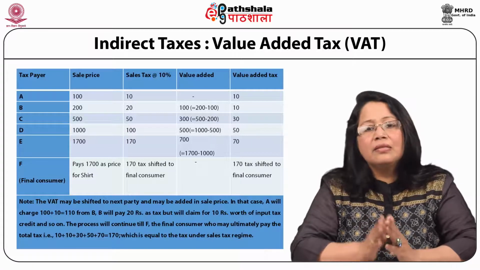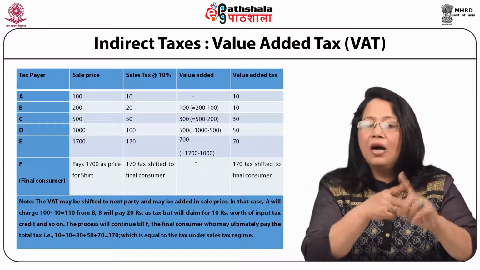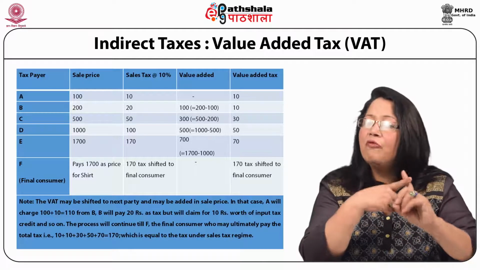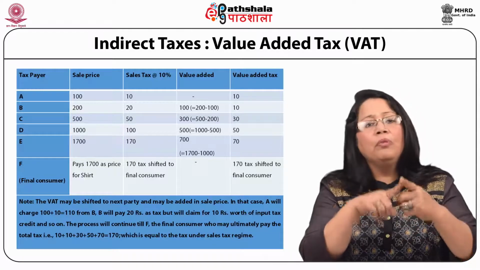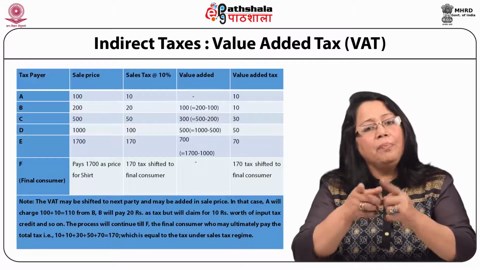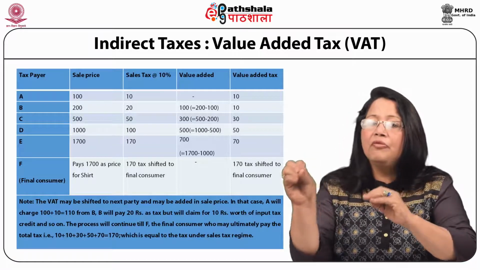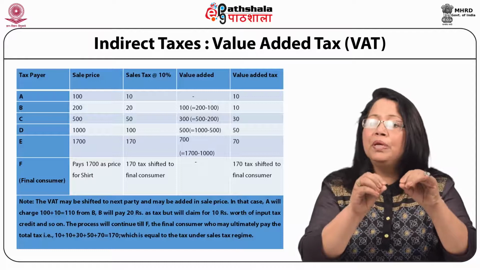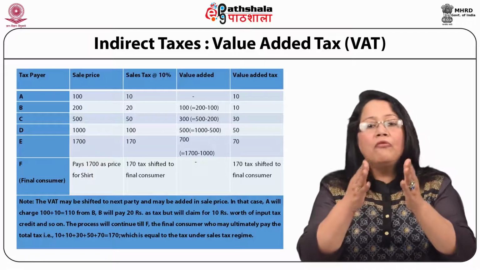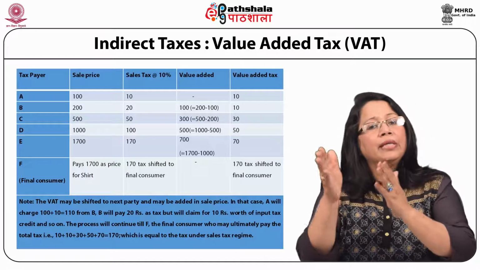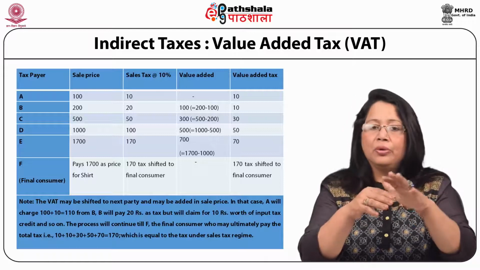In that case, A will charge 100 plus 10, that is 110, from B. B will pay 20 rupees as tax but will claim 10 rupees worth of input tax credit, and so on.